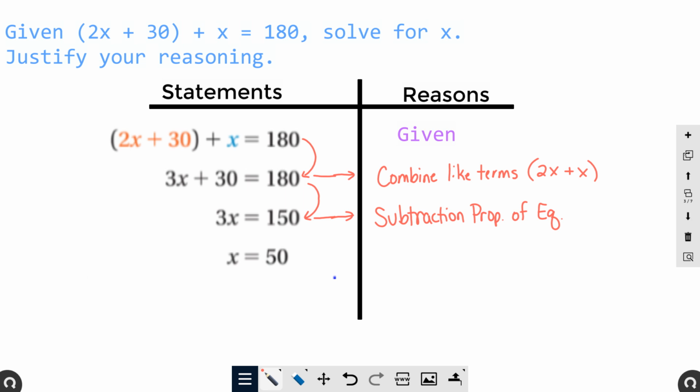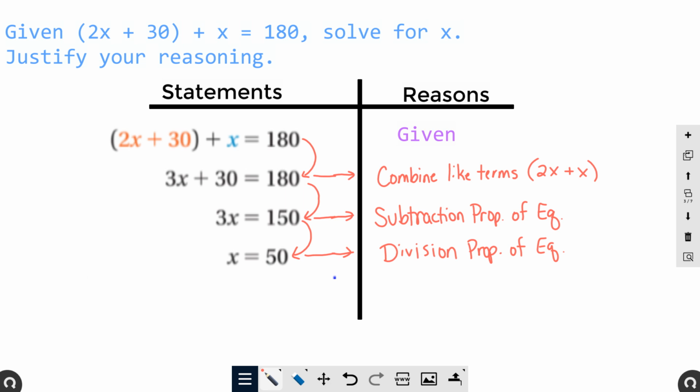Anyway, okay. What did we do next to get from here to here? That's right. Divided by 3. Division, prop of EQ. And then that's it.